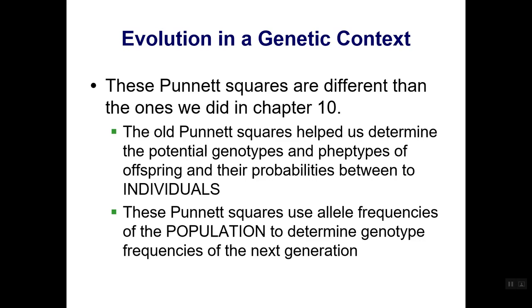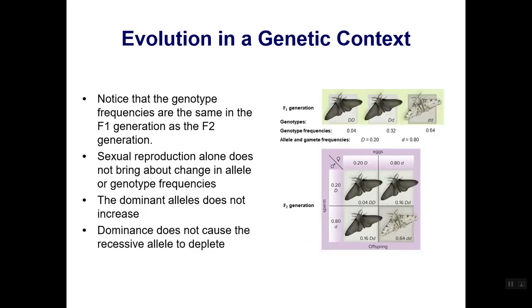Okay, so these Punnett squares use the allele frequencies of the previous generation to tell us what we should predict in the next generation. Notice that the genotype frequencies are the same in the F1 and the F2 generation. So in the F1 generation, we saw 0.04, 0.32, and 0.64. We saw that in the next generation: 0.04, 0.32, and 0.64.